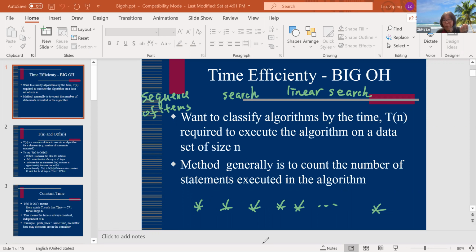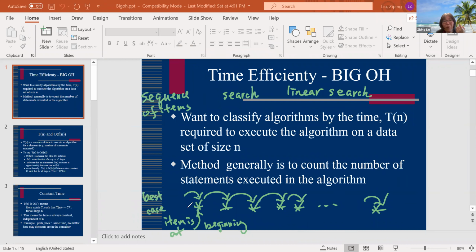And for linear search, just think about you have a sequence of items, is it? What we just said is the linear search is you need to do one by one comparison until you find that specific item, is it? But if the item is at the beginning, then that's the best scenario, is it?